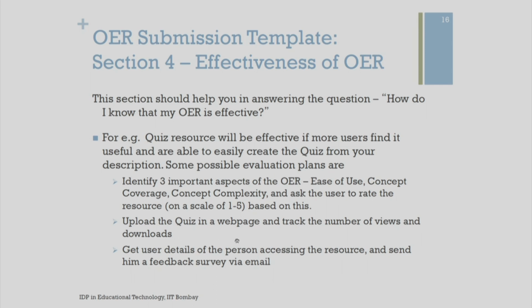If more people viewed and downloaded it, it means more people find the open education resource effective. Get user details of the person accessing the resource and send them a feedback survey via email. If there are mechanisms through which you can get the person's name or email address, then you can ask them individually. This is one mechanism of doing it.